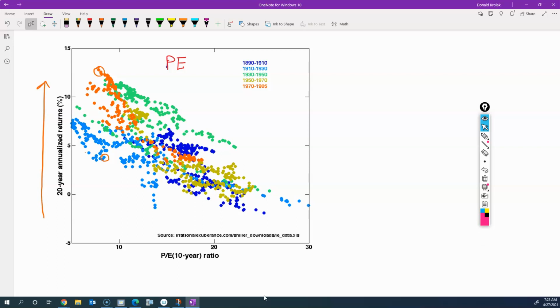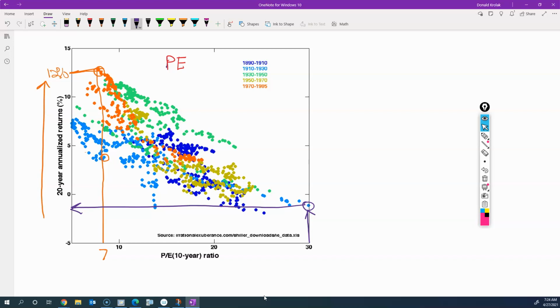So this right here would be maybe about a 12% return. And if I went down here, its P/E ratio might be something like 7. Whereas over here, this one has a high P/E ratio, like 30. This company's return was below 0, so you weren't getting any money on it.